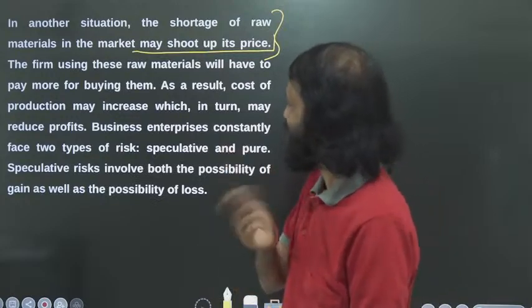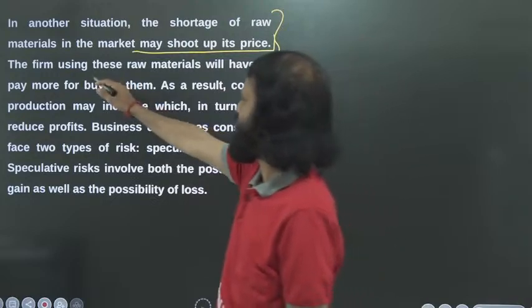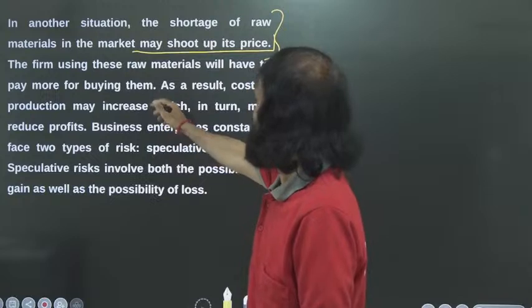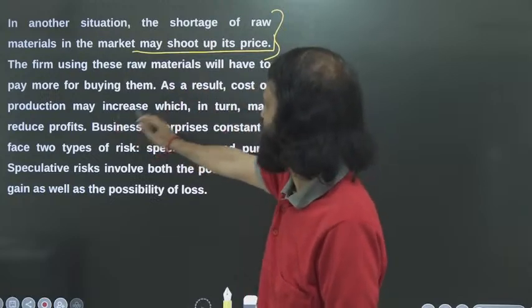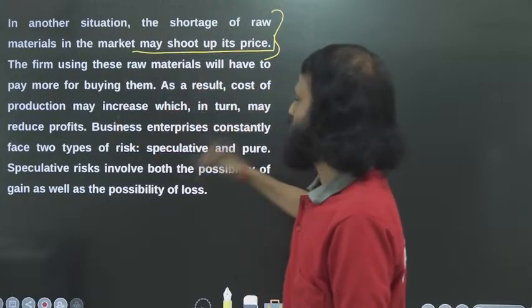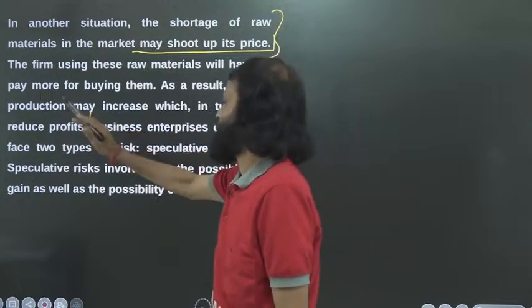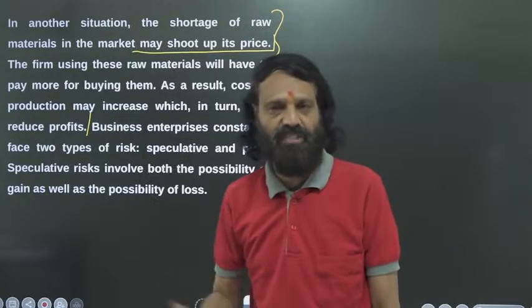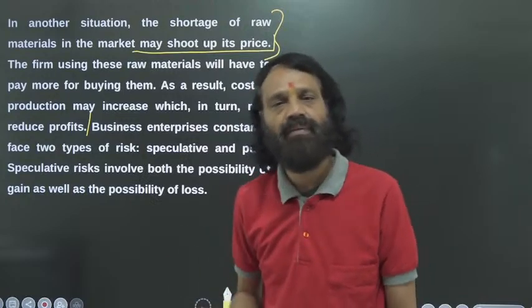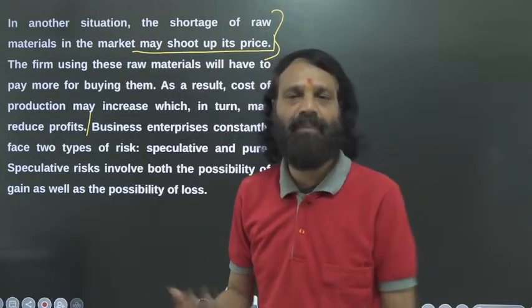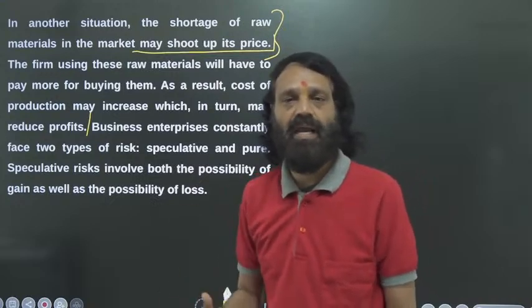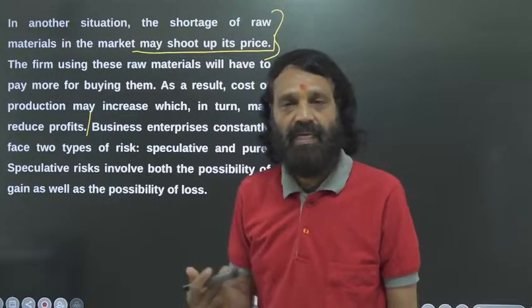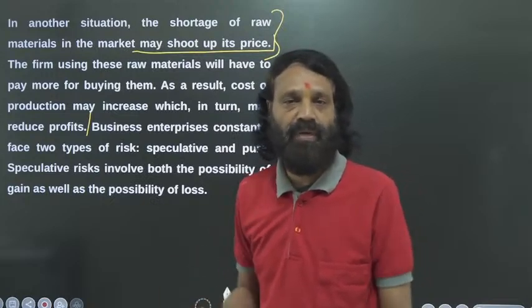That is another reason. The firm using these raw materials will have to pay more for buying them. As a result, cost of production may increase, which in turn may reduce profits. In case of a shortage of raw materials, the firm needs to buy at a high price to make the products, but at a low price they cannot supply the products in the market.